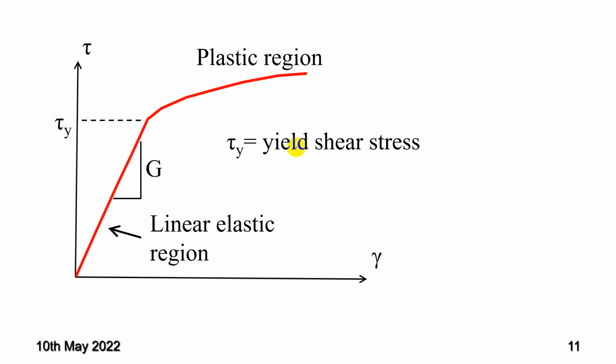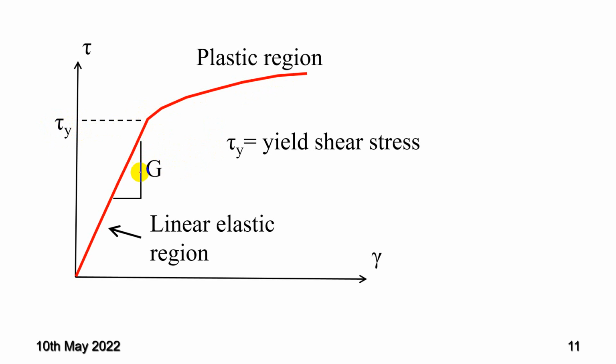If you look at the shear stress and shear strain relationship, you will get a linear relationship like axial stress and strain, and then you will have a plastic region, and this is called the yield shear stress.